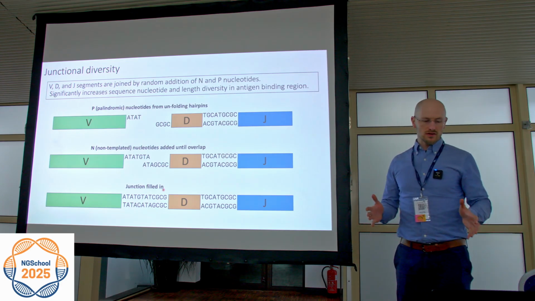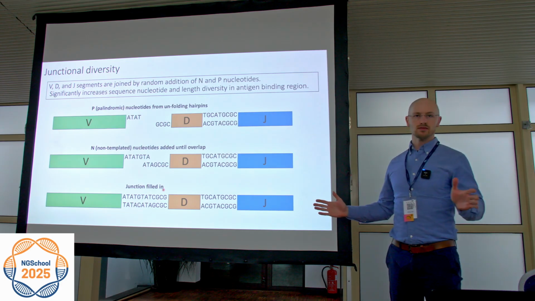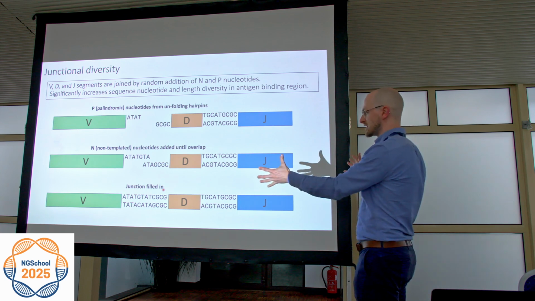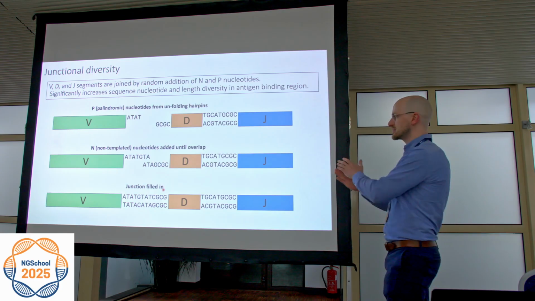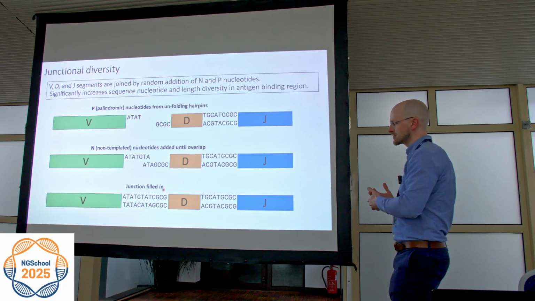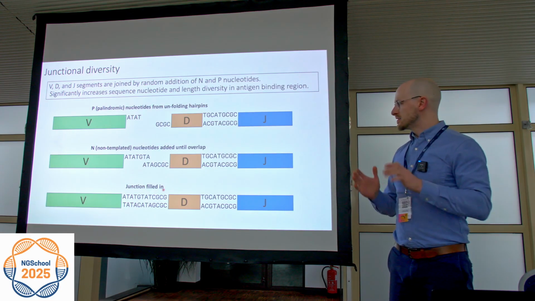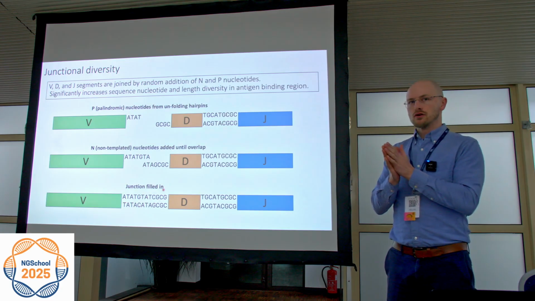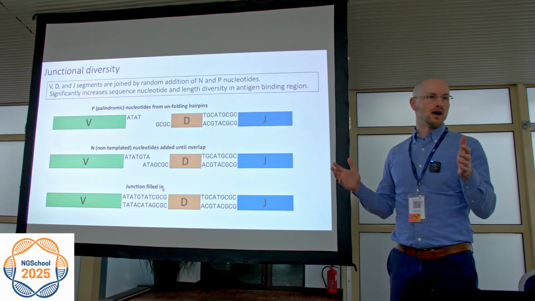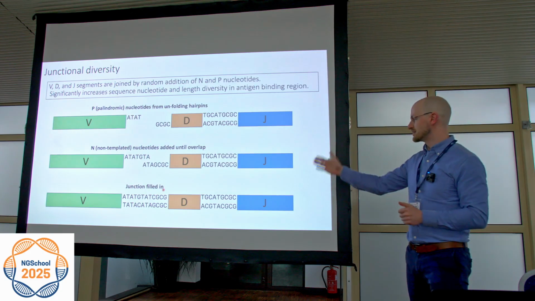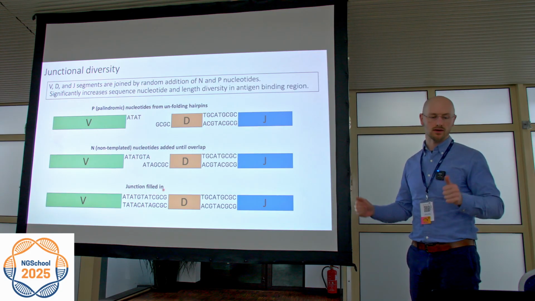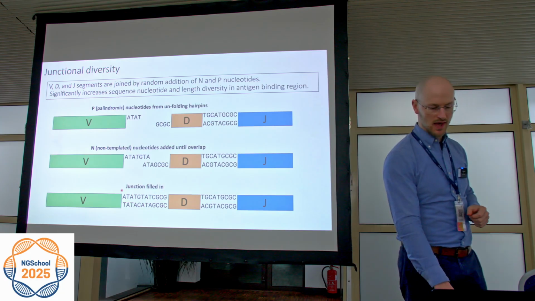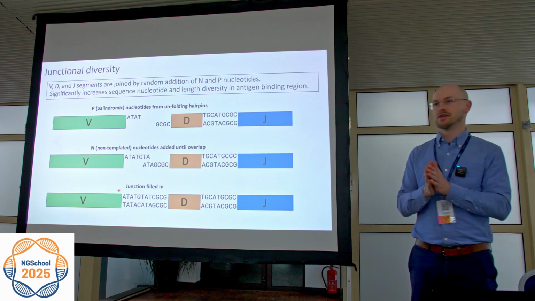So a few things about this process. One, it's highly random. So these are nucleotides that are just kind of added in between V and D segments and also between D and J segments. And it also allows for length diversity of gene segments. So this doesn't necessarily occur over a specific sequence length. So these junctions can range in size.